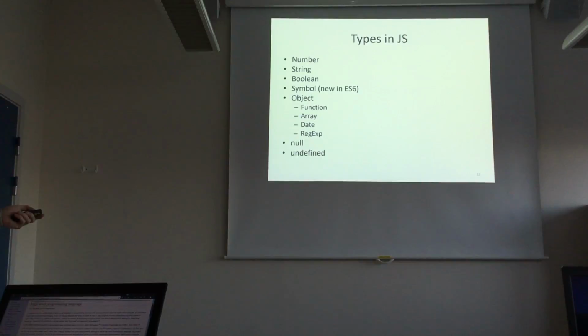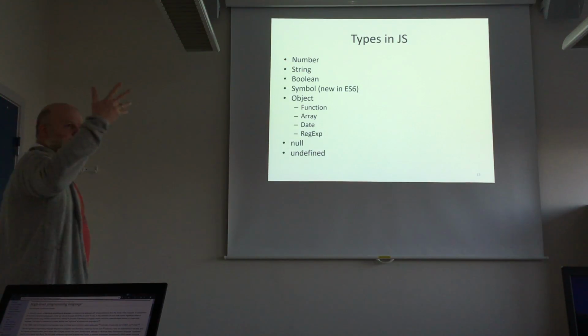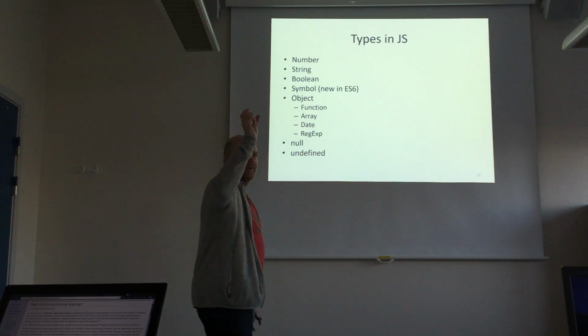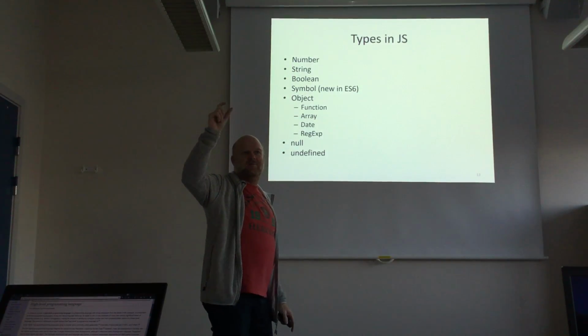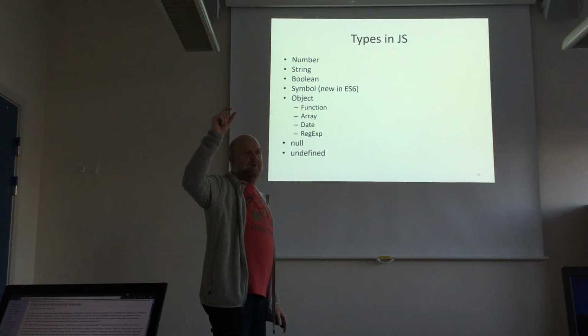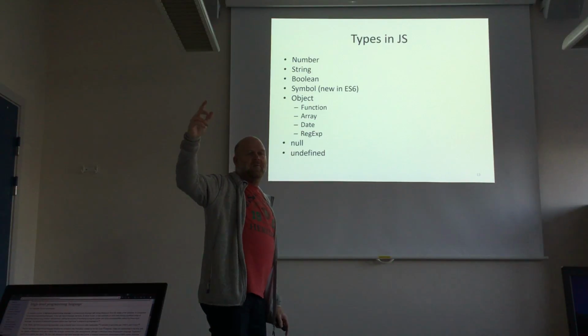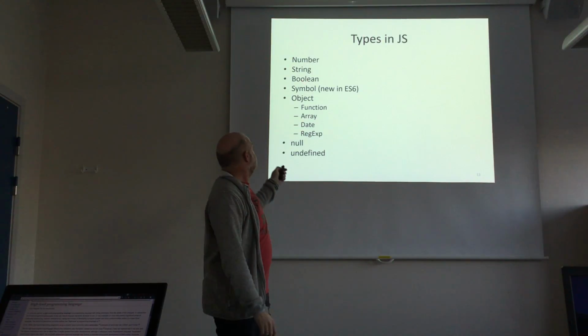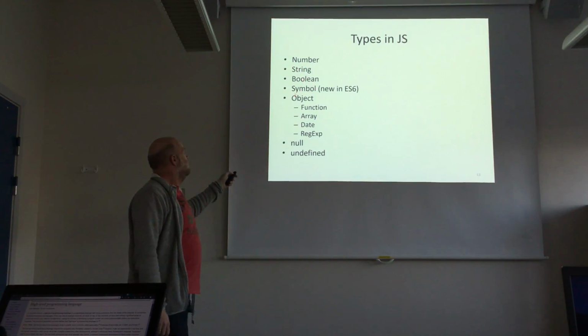So the types in JavaScript pretty much do what you expect, except that there's just one number, so you don't have an integer and a float and a double and so on. You only have one number type, which is the floating point number. Then you have string, boolean, and symbols, which are new.